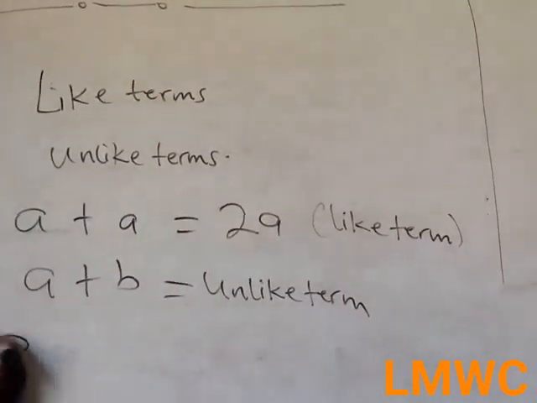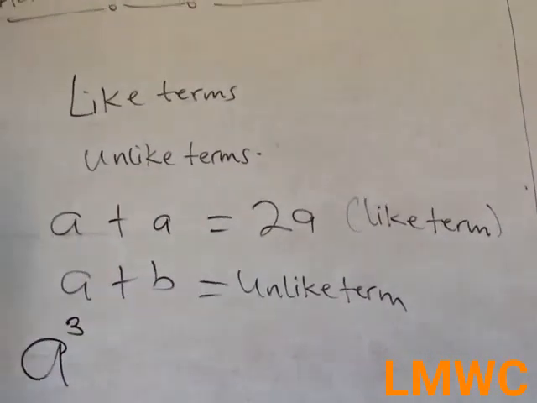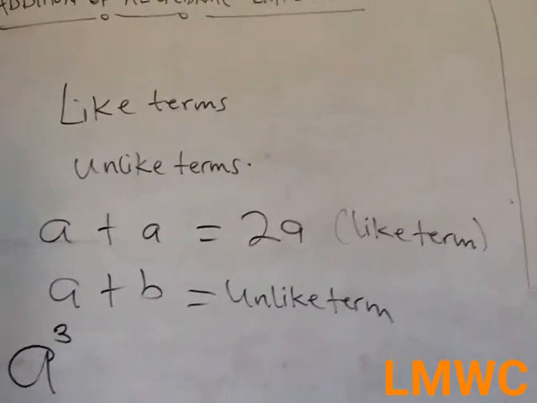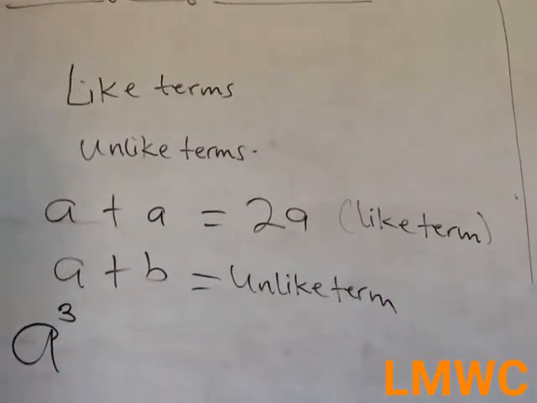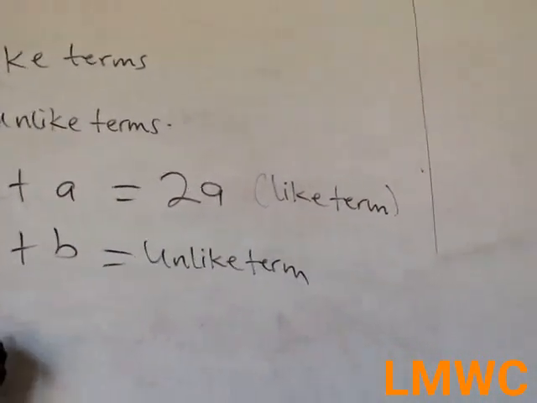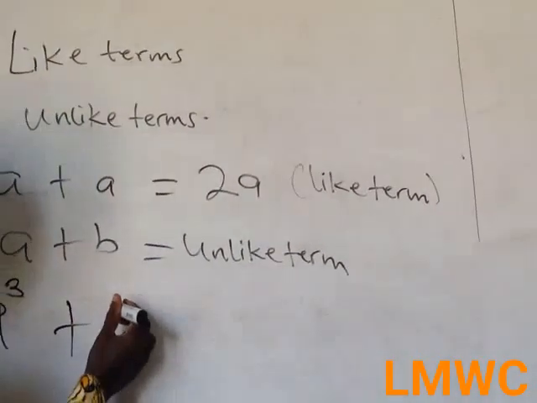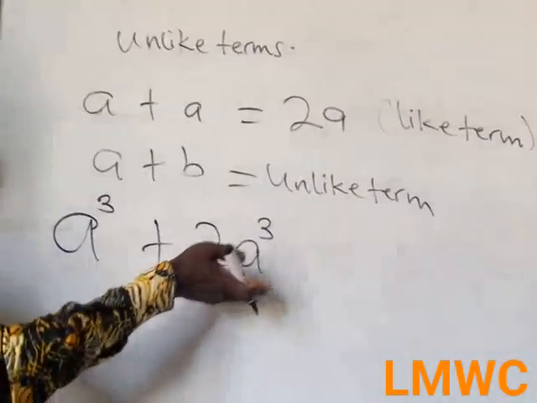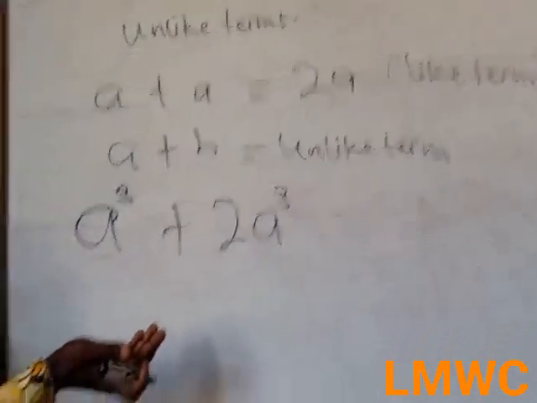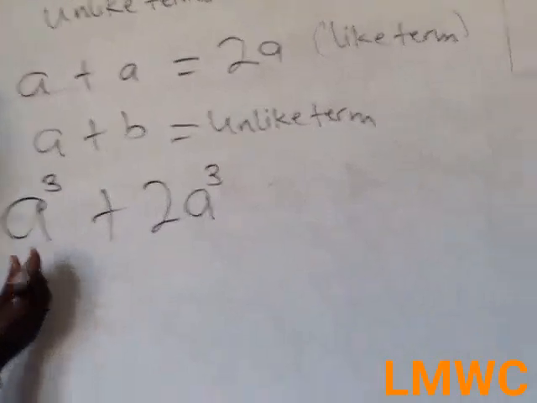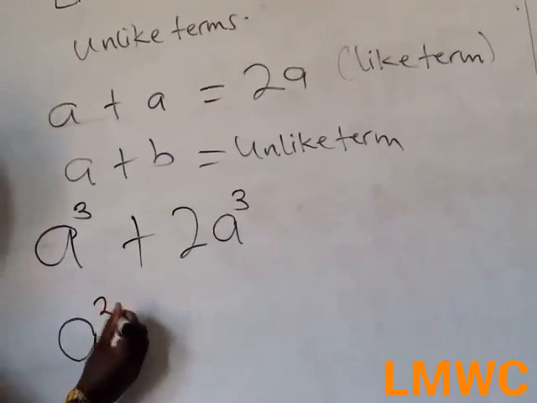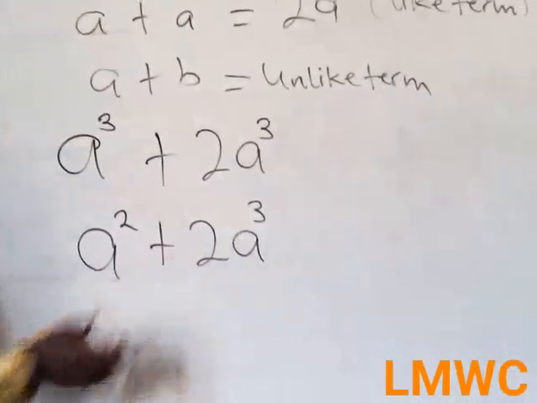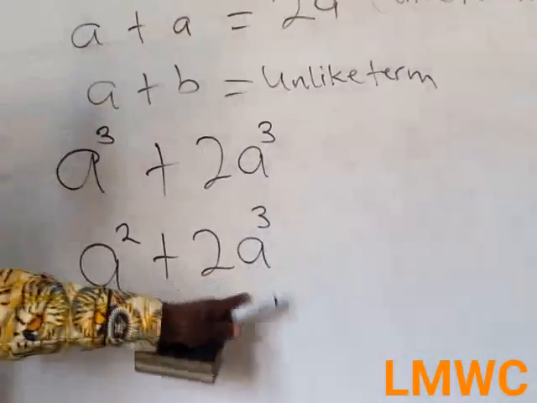They can give you power of letters. When I was treating indices, I taught you power. So a cube plus 2a cube, you see, this and this are like terms. But if they gave you a squared plus 2a cube, it's not a like term, because we have a square and this is a cube.